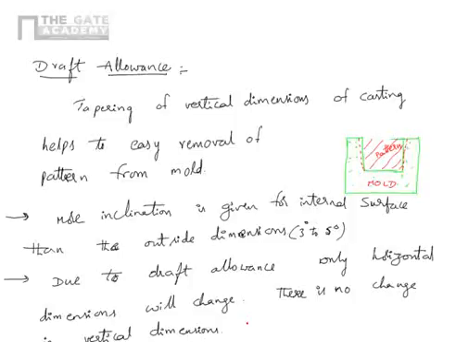There is no need to change the vertical dimensions, because of the inclination of vertical sides. Suppose the length is 50 to 54, or 55; now if you give a draft of 1, 3 or 4 degrees, depending upon the slope, only the horizontal dimensions will change accordingly.